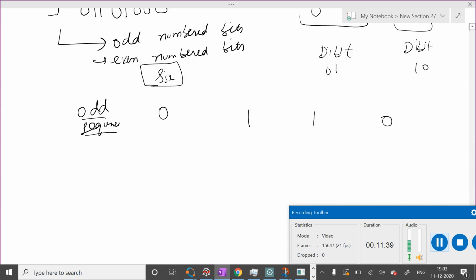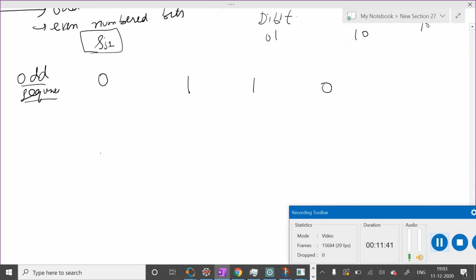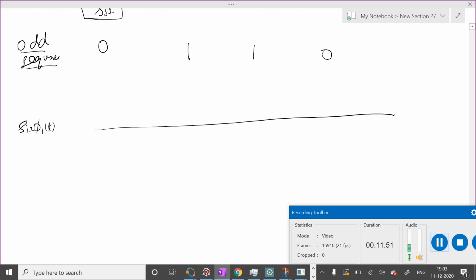So now on this axis I will plot Si1 phi1 of t. Just remember phi1 of t. What is phi1 of t? I will recall phi1 of t is the cos signal, root 2 over T cos of 2 pi fc t, right? Now here it is 0. You know that 0 is represented by minus root E by 2.